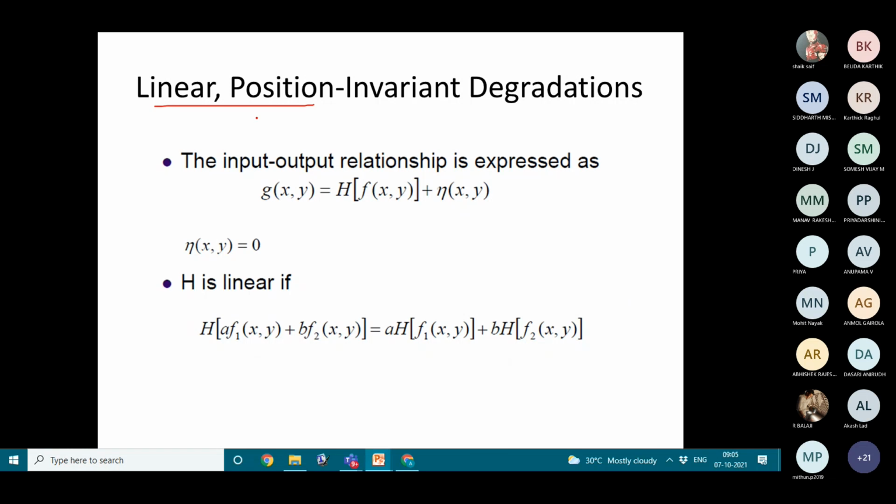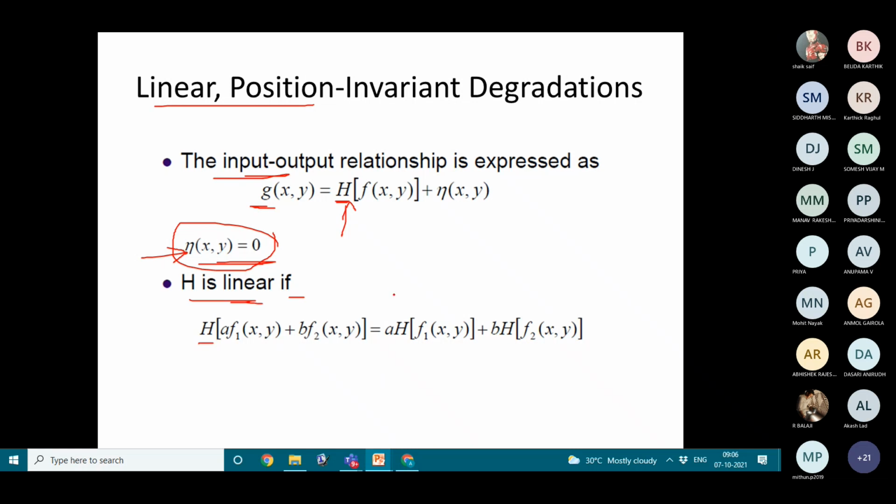The input and output relationship we can express as G equals H of F, where H is some transformation here, plus eta. If we assume eta is 0, that is, the noise is 0, then H is linear if H of a into f1 of xy plus b into f2 of xy equals a into H of f1 plus b into H of f2.